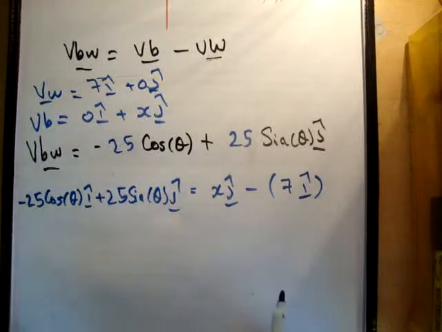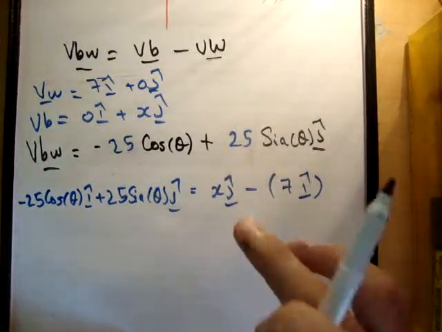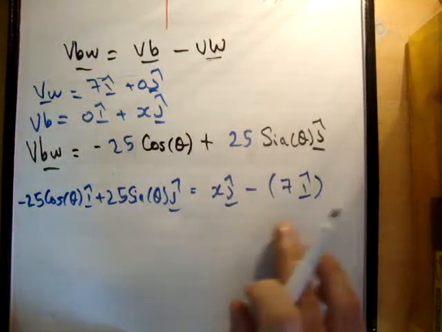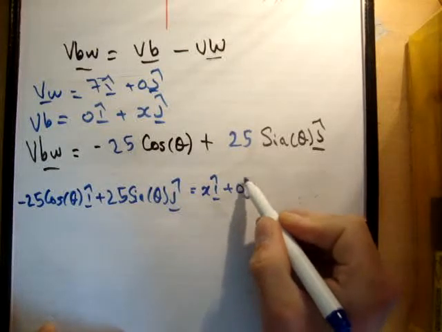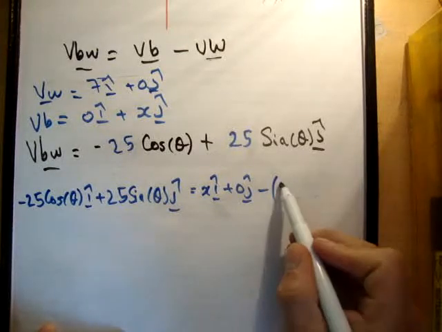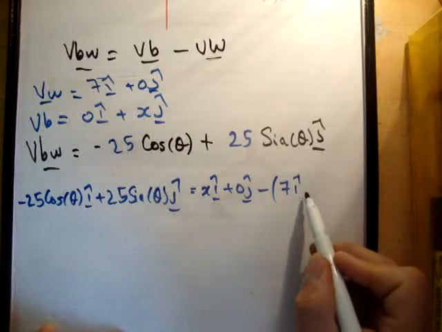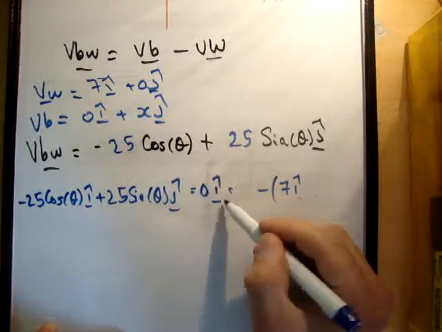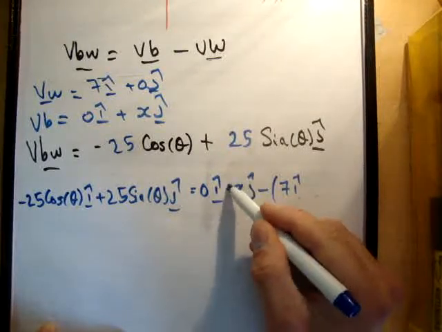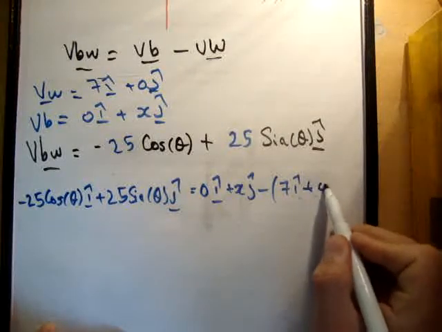So therefore, we know of course that, let me write this in properly. Oh, that's the wrong way around, excuse me. It's 0 i hat plus x j hat, minus 7 i hat plus 0 j hat.